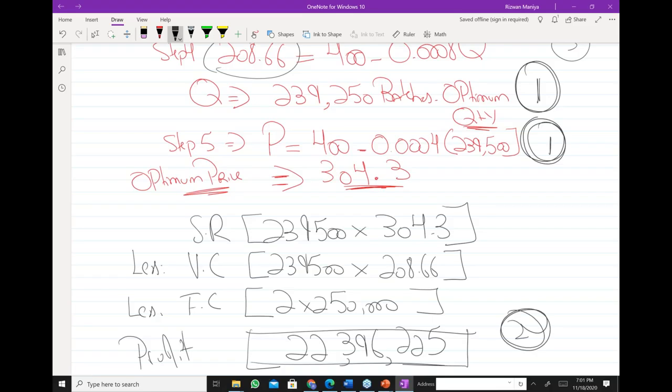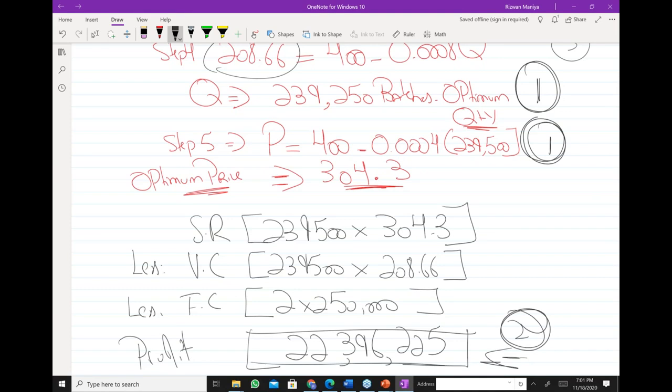I hope the marking scheme is clear. I hope the own figure rule is clear. If you have done wrong working of learning curve, I know the impact will come till profit. Profit will be wrong, but it doesn't matter. The deduction will just be made at that part. That's it.